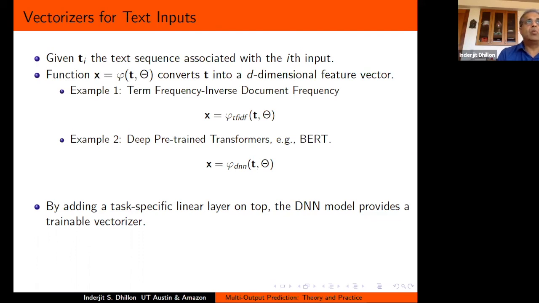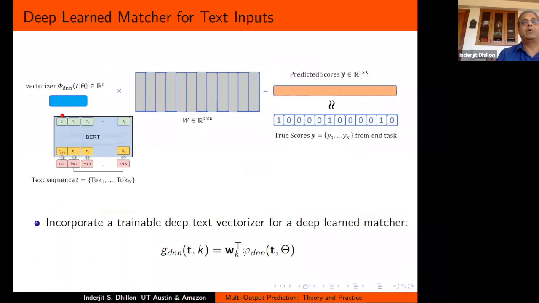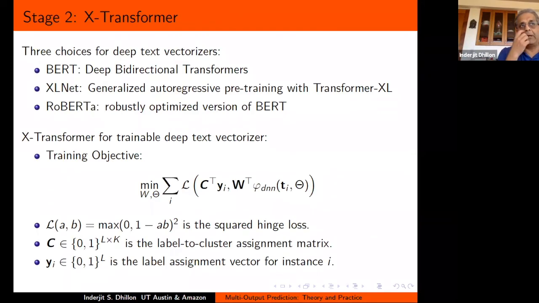But you can do one step better. What you can try and do is incorporate a trainable deep text vectorizer to get a deep learned matcher. Okay, so that's what we've done in one instantiation of PECOS. Now there are various choices for these deep text vectorizers. We could use BERT, or you can use XLNet or RoBERTa.